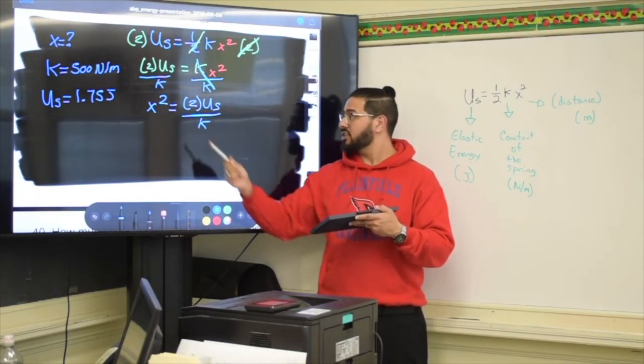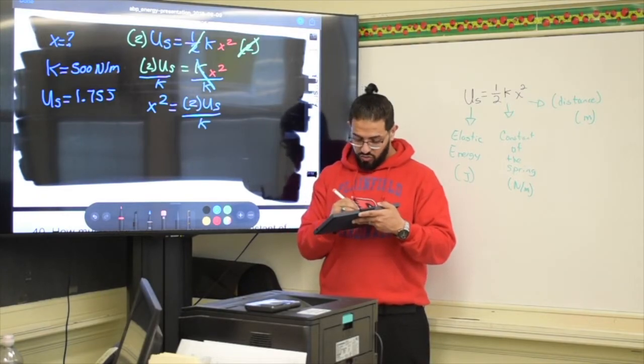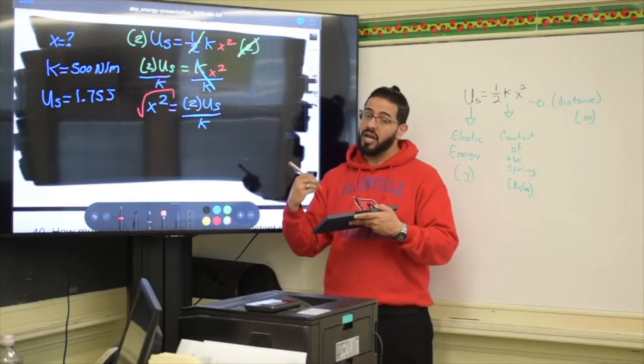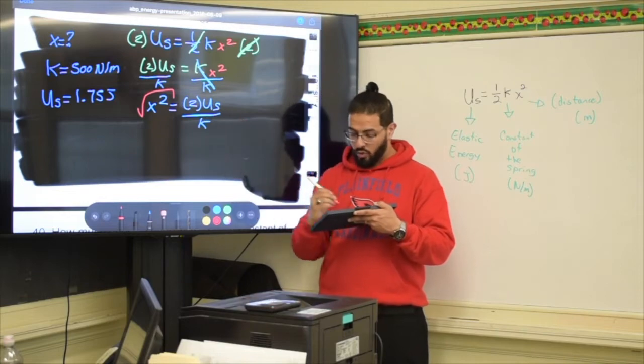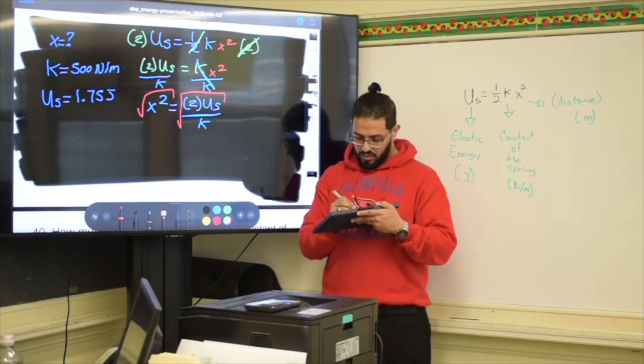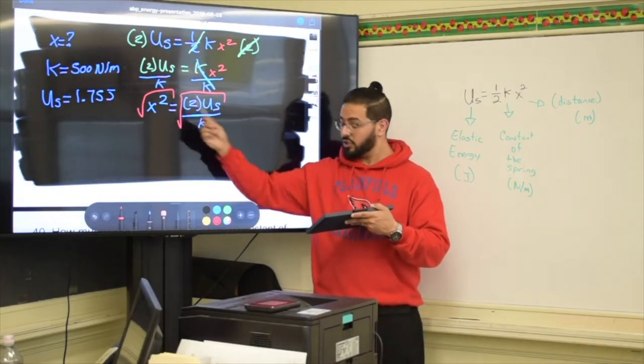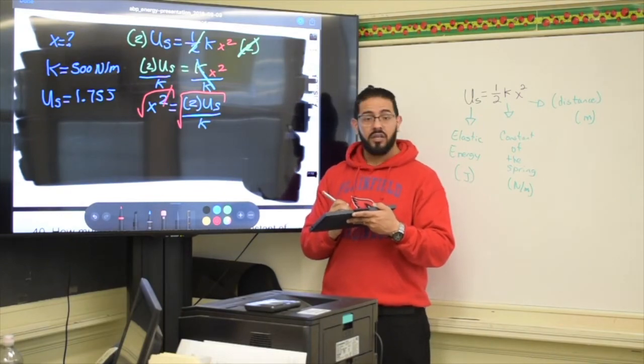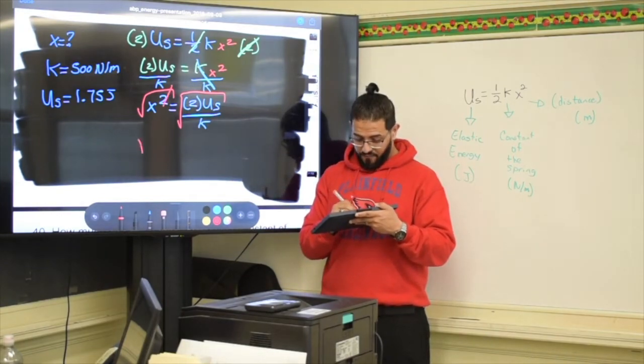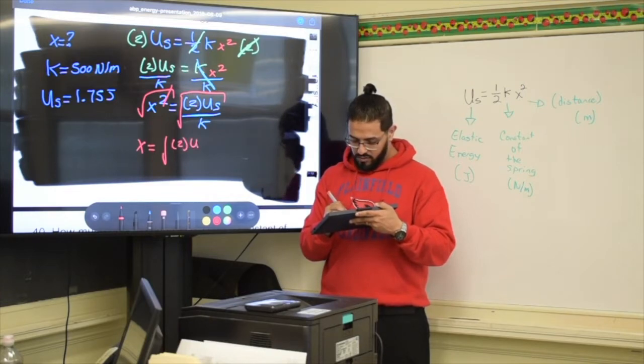The only way to cancel the square is using the square root. But like always, whatever you do on one side, you need to do on the other side. Now, this square root and the square cancel each other. And finally, we have x alone.